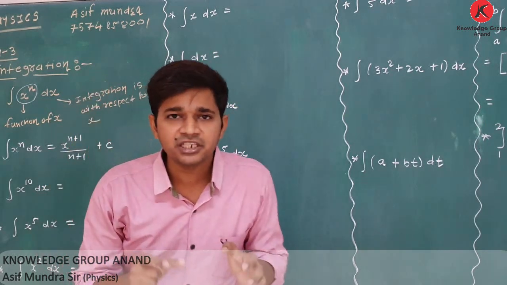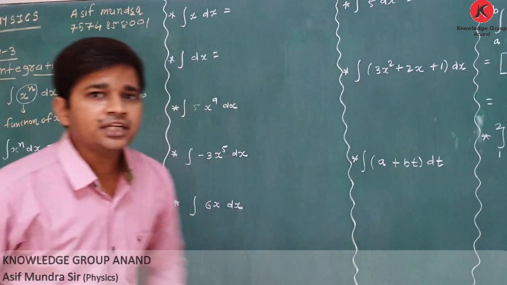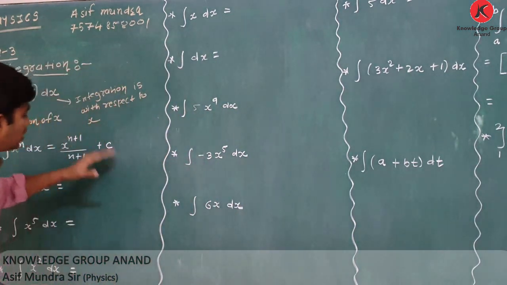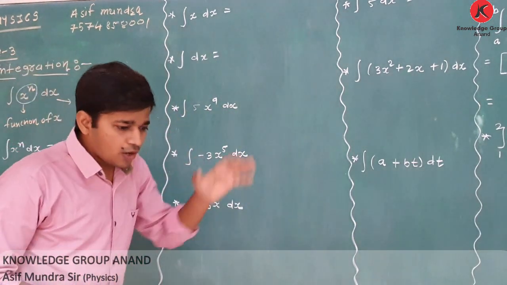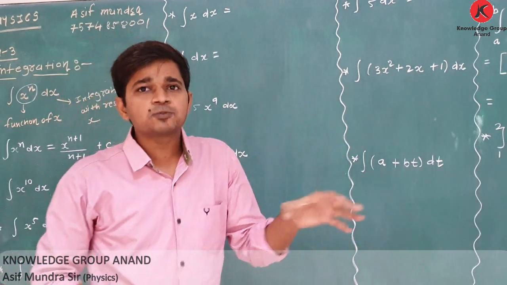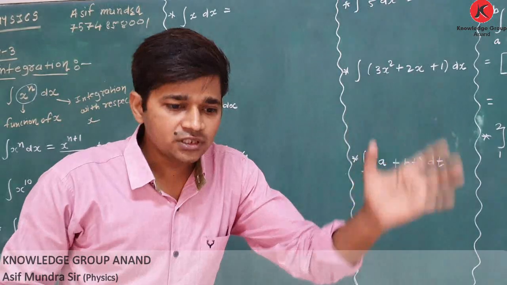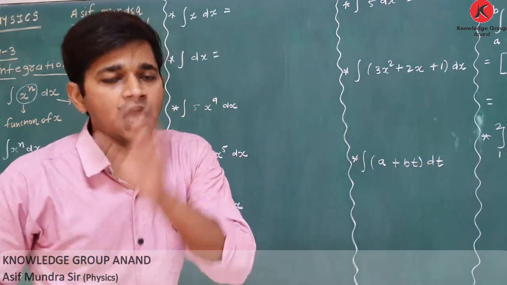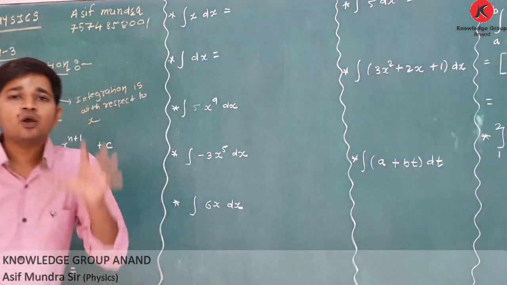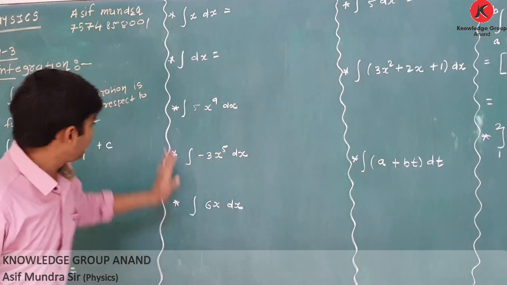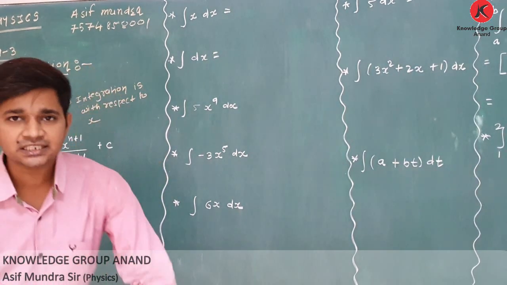Right now, we will not put the value of c. Whenever we use exponential functions in 12th, we will put the value of c with the help of initial conditions. Right now, to understand what integration is, we will not put the value of c.